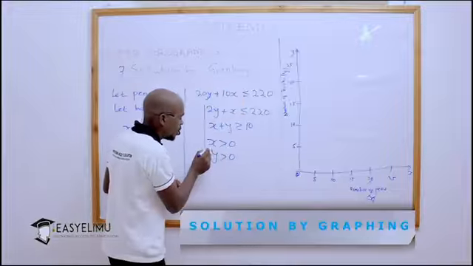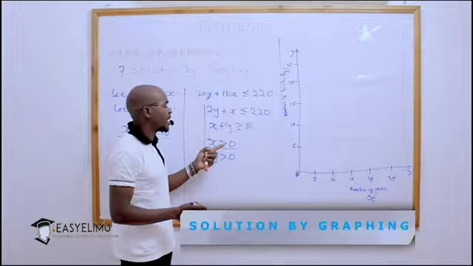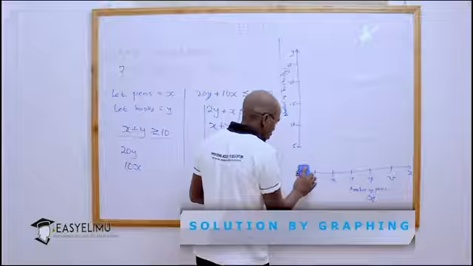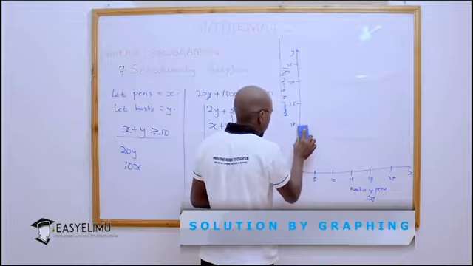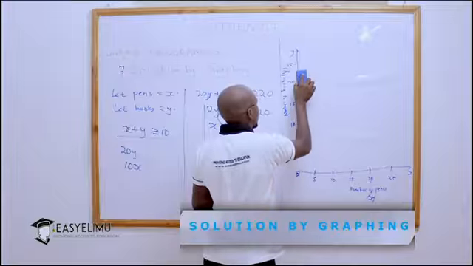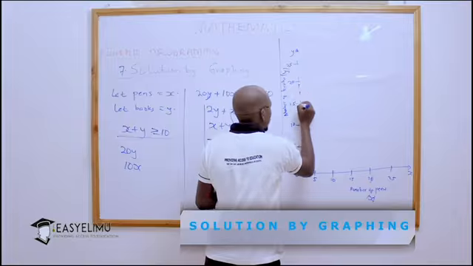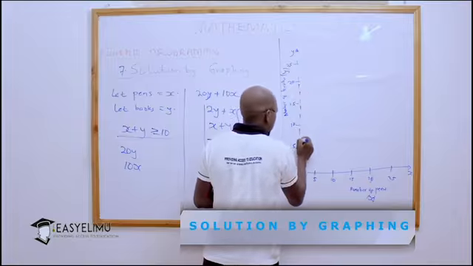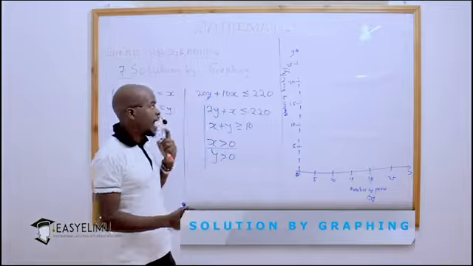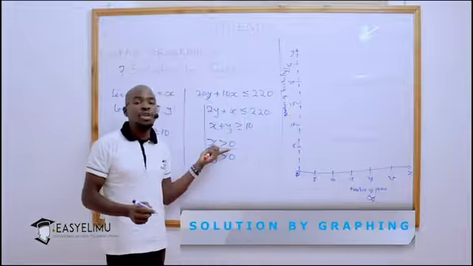But because this one is greater than and not greater than or equal to, our line will change. The line changes to a dotted line simply because it is greater but not equal to.